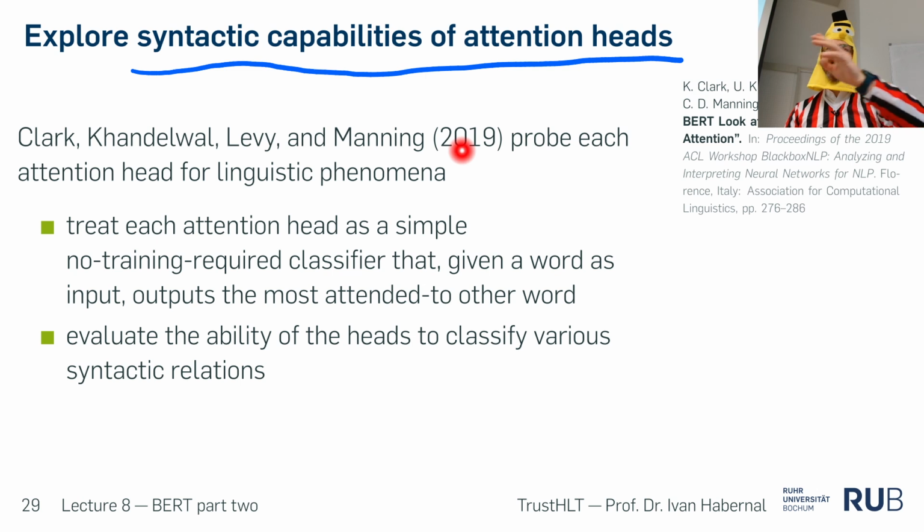You have 12 layers, and in each layer maybe 12 attention heads. They're initialized differently, so they will learn something different. They looked at how the attention looks between every word and every word, at each layer and each attention head.